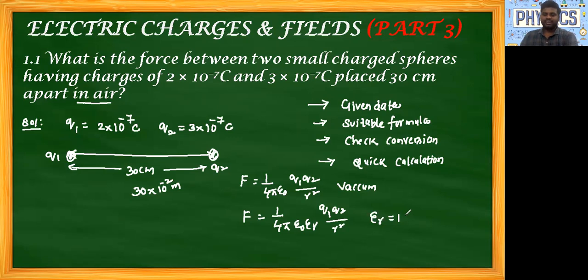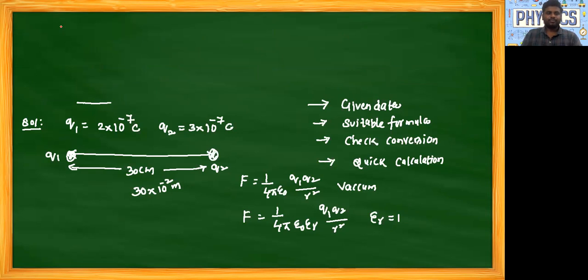Then finally our force is F equal to 1 by 4 pi epsilon naught Q1 Q2 by R square.